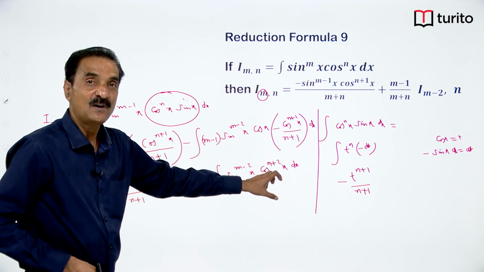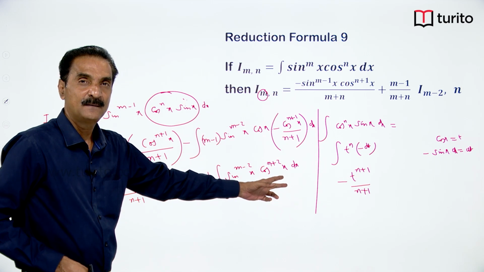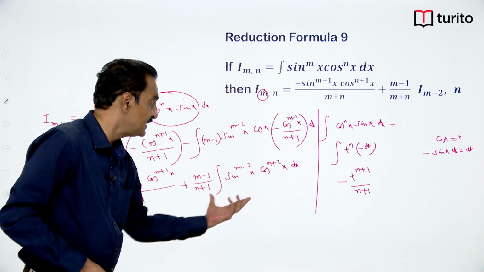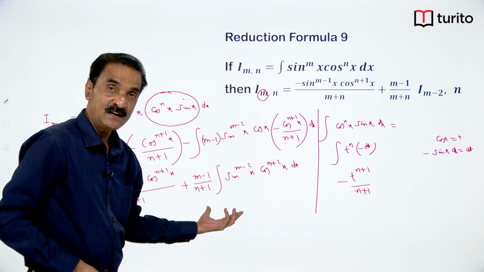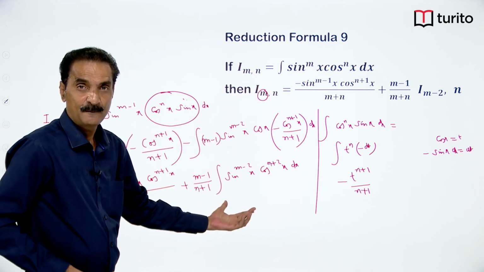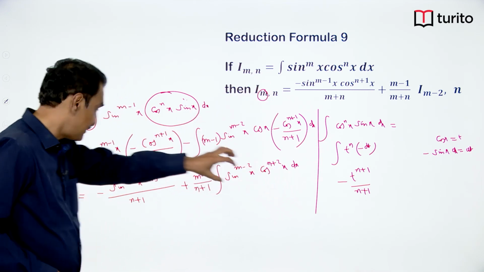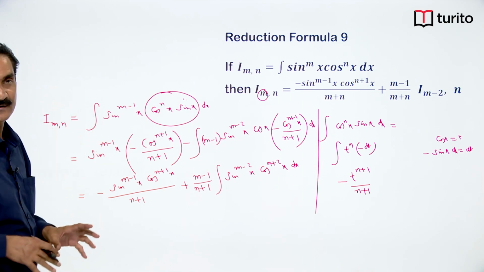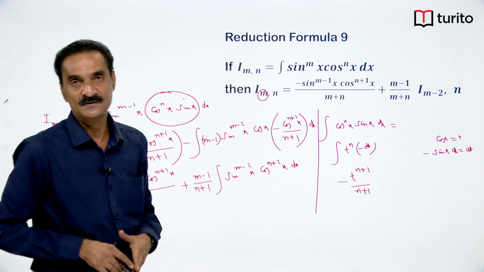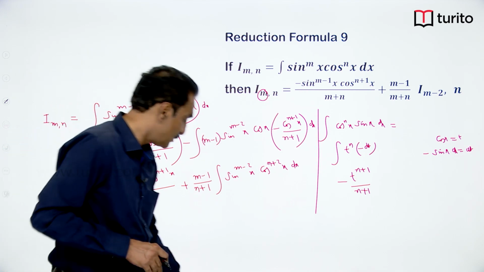Write cos square x as 1 minus sin square x. Then you will be getting here I m minus 2 comma n and I m comma n. Take I m comma n to the left hand side, then calculate. Finally, you will get this answer. Okay. You finish it on your own.